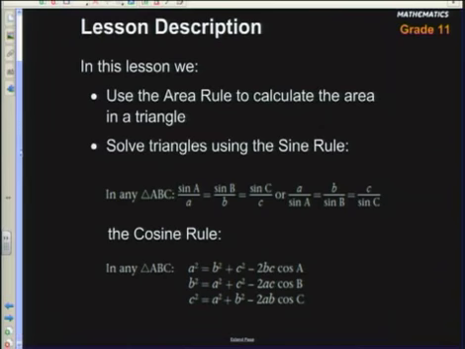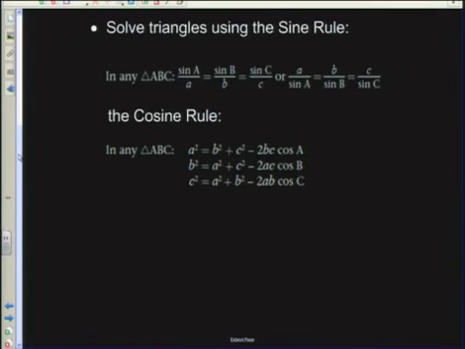We're also going to use the cosine rule, which simply stated is really almost a little Pythagorean, where the side will be opposite the angle, and then you've got the sum of the other two sides squared and the product of those sides times the cos of A. So there are three squares, and there's also an angle involved in the cos rule. So we're going to have a look at that as well.